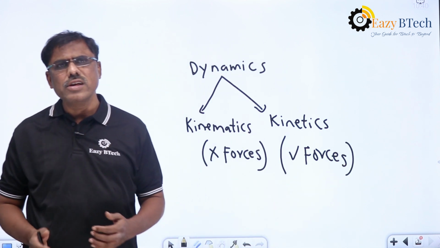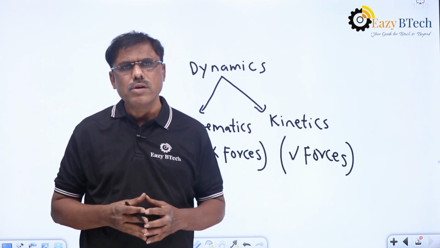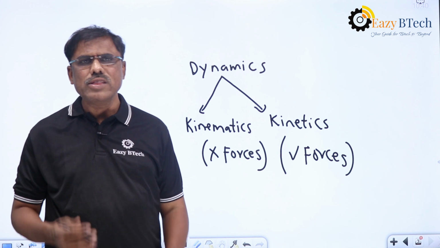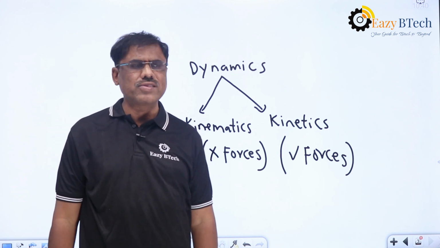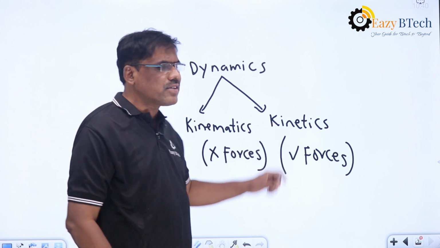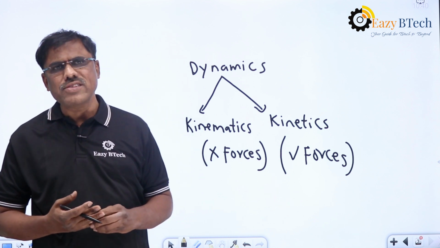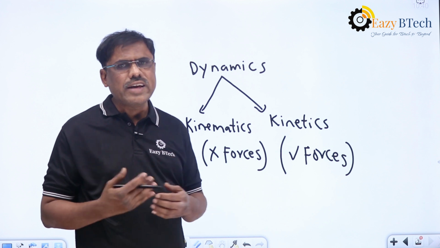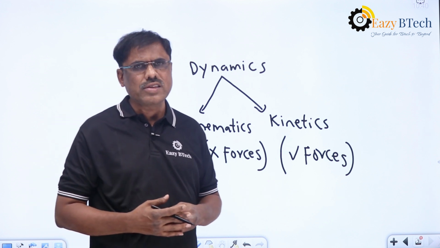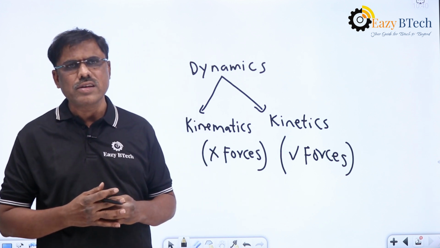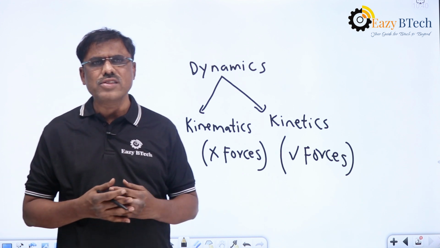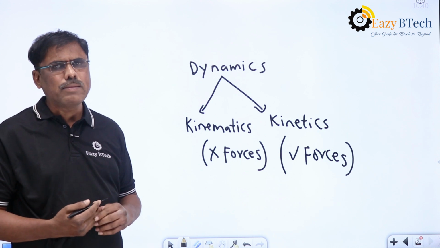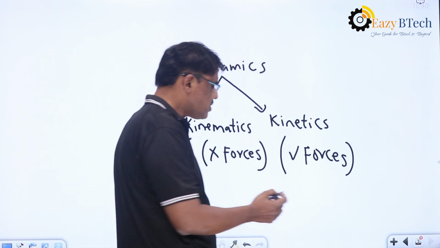So kinematics is a branch of dynamics which deals with the moving bodies without considering the effect of forces, whereas kinetics is a branch of dynamics which deals with the forces and their effect on the moving bodies. So this is the basic difference between engineering mechanics, statics and dynamics, and kinematics and kinetics.